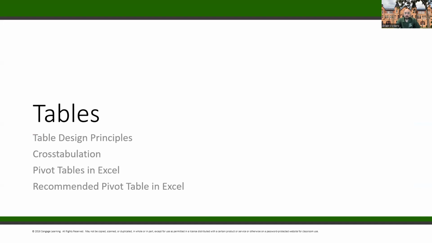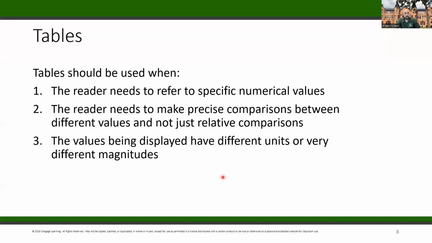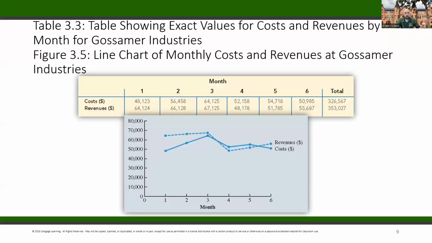All right, tables. So tables are one way to lay out the data. If you need to refer to specific numerical values, you would use a table. When you're comparing two values, and if what's being displayed have different units of measurement. For example, cost and revenues would be one that you'd commonly see.